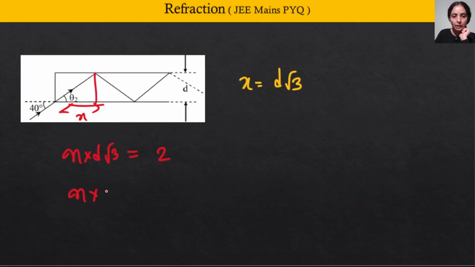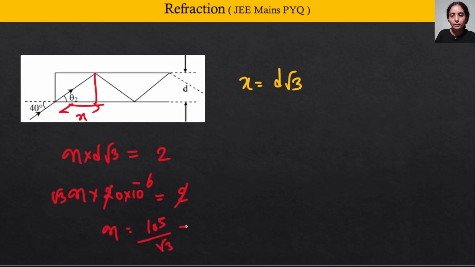Now let us put the value of d in meter: 20 micrometer. So 20 into 10 to the power minus 6 will be equal to 2. 2 and 2 will cancel. This is 10 to the power minus 5. Root 3 is also here, d root 3. So n is equal to 10 to the power 5 by root 3. Now look, what is root 3? Root 3 is 1.732. 1 by root 3 is approximately 0.577.